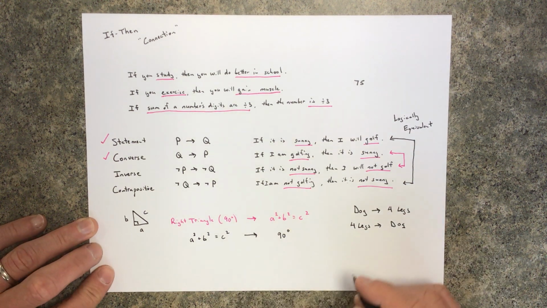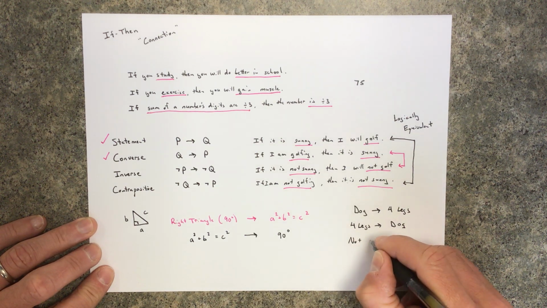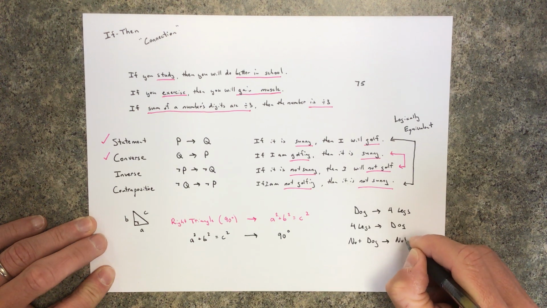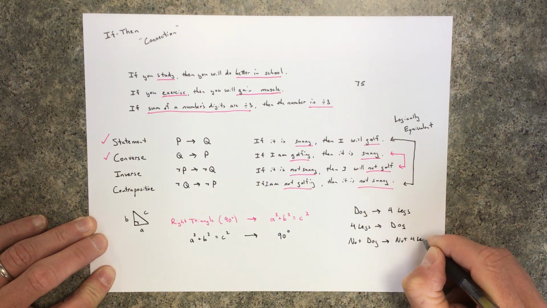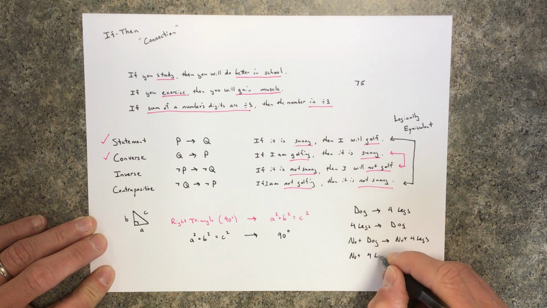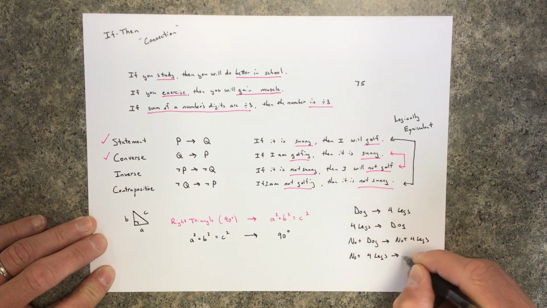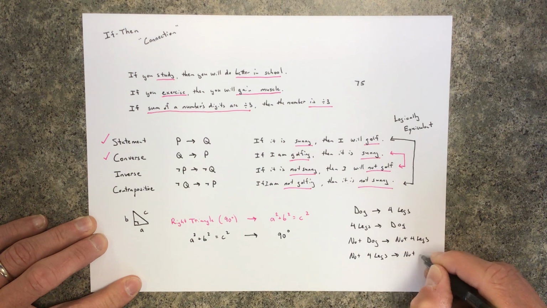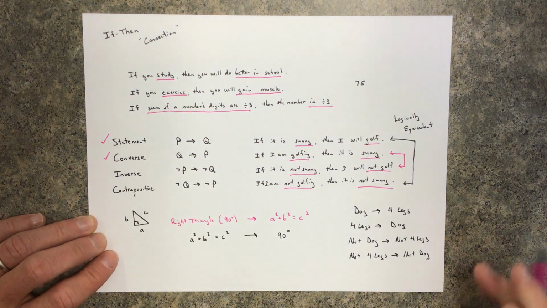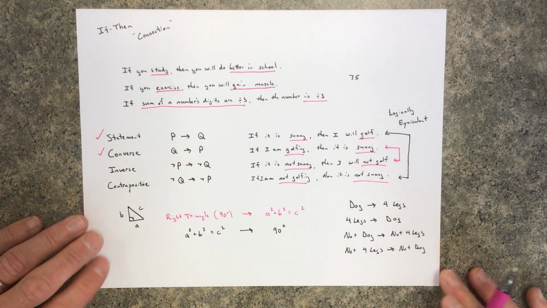The inverse would be not dog, not 4 legs. And then the contrapositive would be not 4 legs, not dog. And again, in this scenario, I just want to prove to you again that the first and the fourth are logically equivalent, okay?